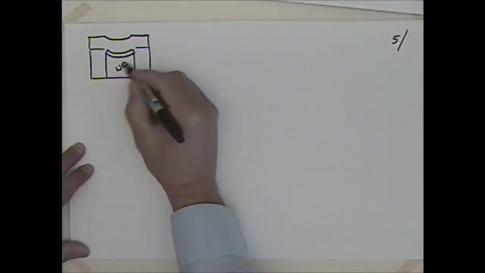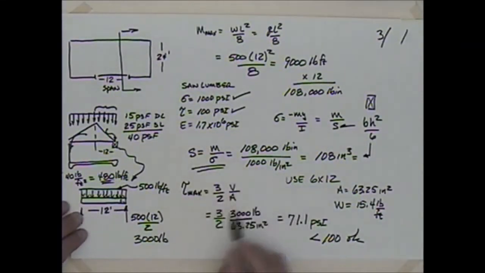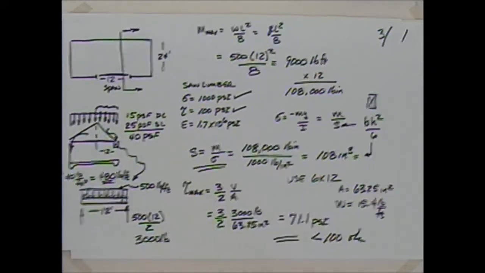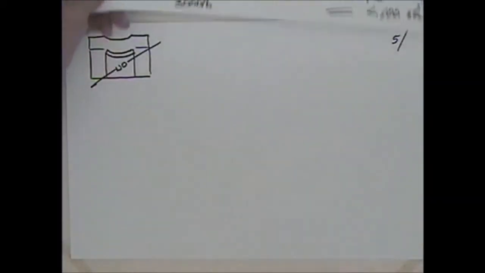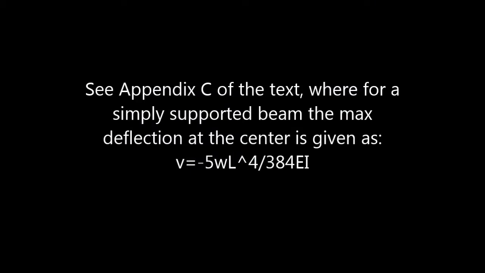So what we're going to do is we're going to have to check the deflection. So we've done this in the past. We've done the bending. We've done the shear. But we're going to take the added step now of looking at the deflection. And if I go to my equations in Appendix C, we've already used those once today, but let me put them up here.